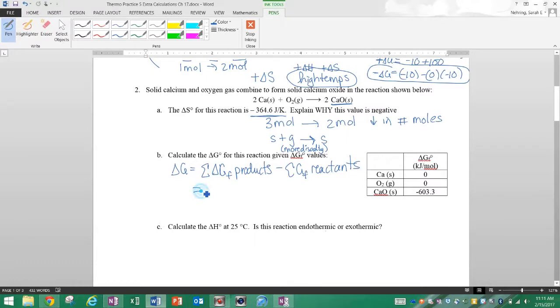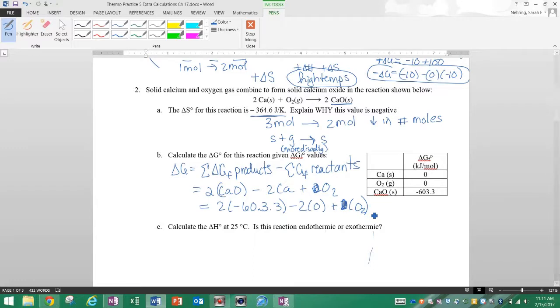So our products, I've got 2 calcium oxides, 2 pure calciums, 2 oxygens. And you will notice that just like with heats of formation, the delta G for something that is already in its elemental state is going to be 0, because the delta G describes the free energy change, kind of like your heat of formation.